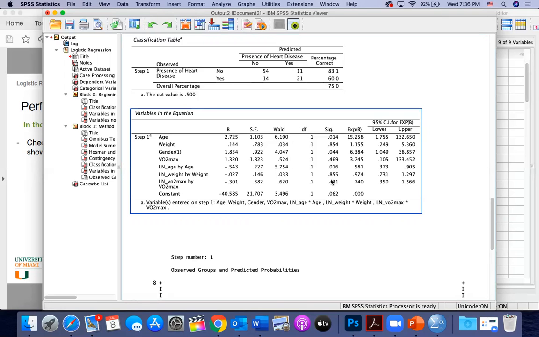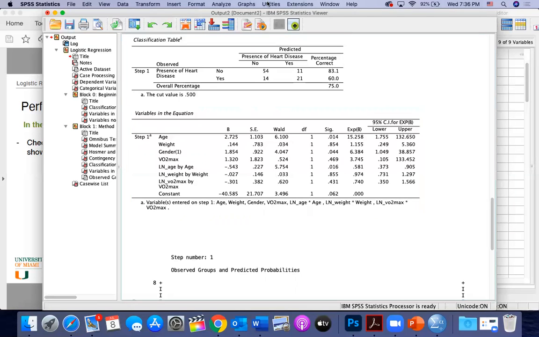I will proceed with this one, but I will report it. I will say that this was violated because we found a significant interaction term, and this could be due to the large sample size. So you may say that, or you may just ignore it and proceed with your analysis.